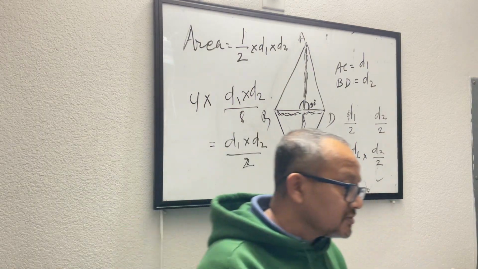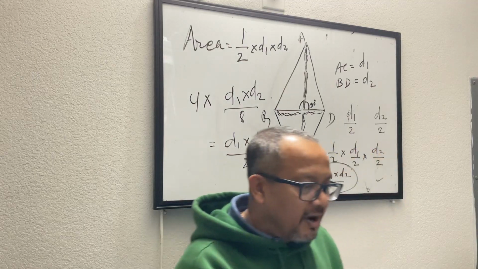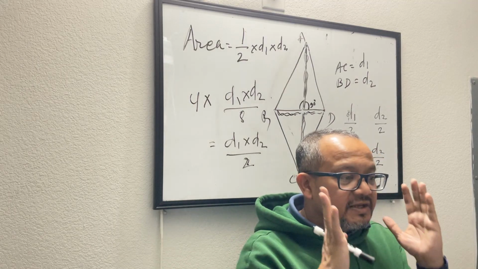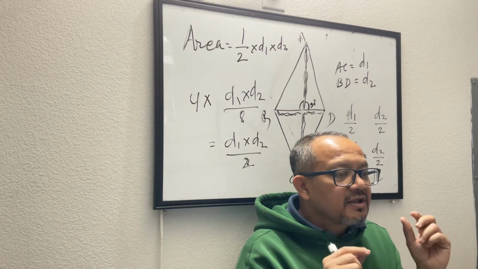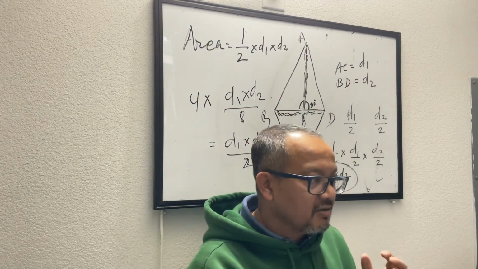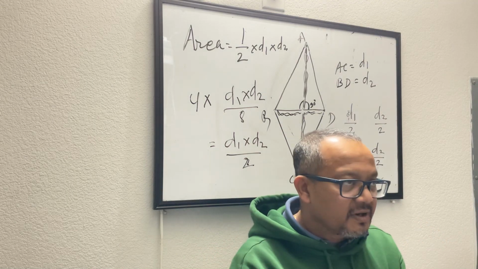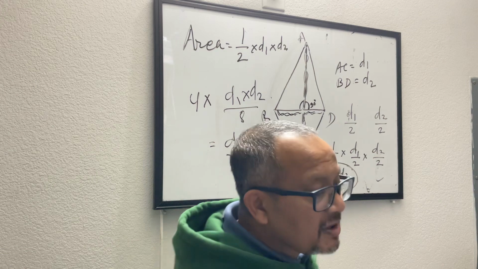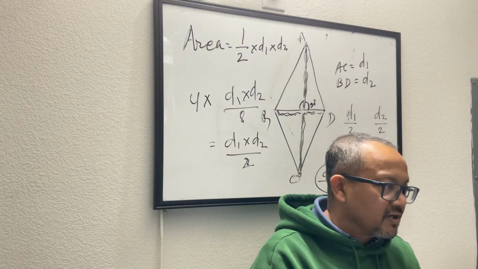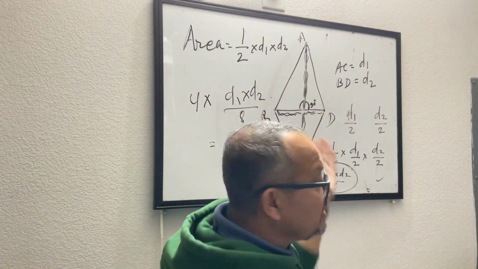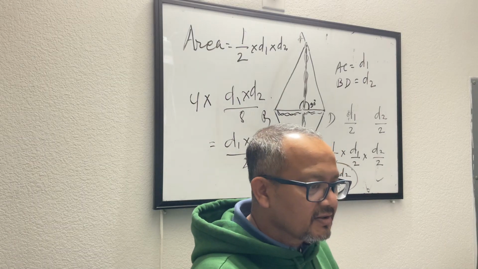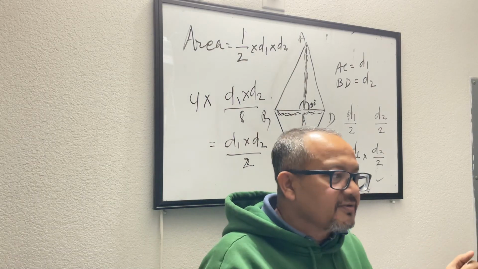But what I'm trying to say is, if you are looking at a diamond or rhombus, there are properties that we need to be aware of. In the case of a diamond, nobody will tell you, okay, this is the side, find out the area. No, because all the sides are the same, so there's nothing that you can find out from that.